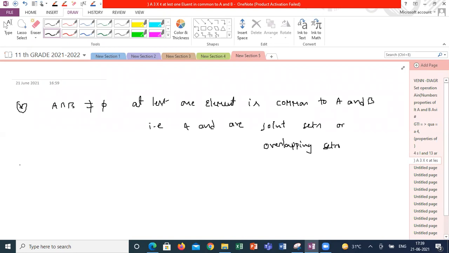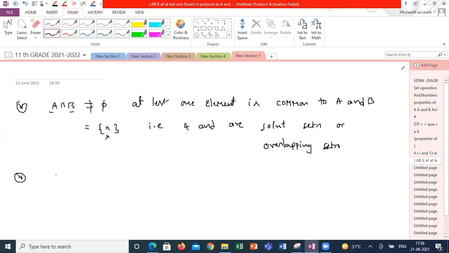I think this is very logical. There is no need to explain much, correct? That means we are getting at least some element. It is not a null set. So at least all these elements are common to A and B. That is the reason it is not equal to the null set.